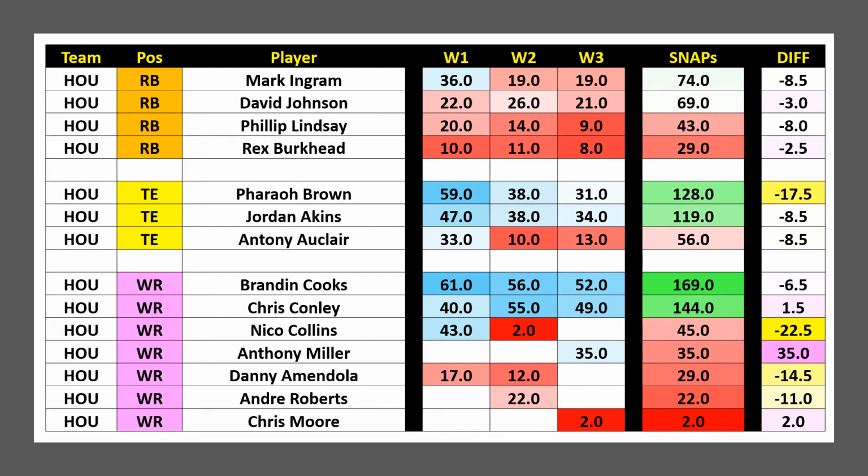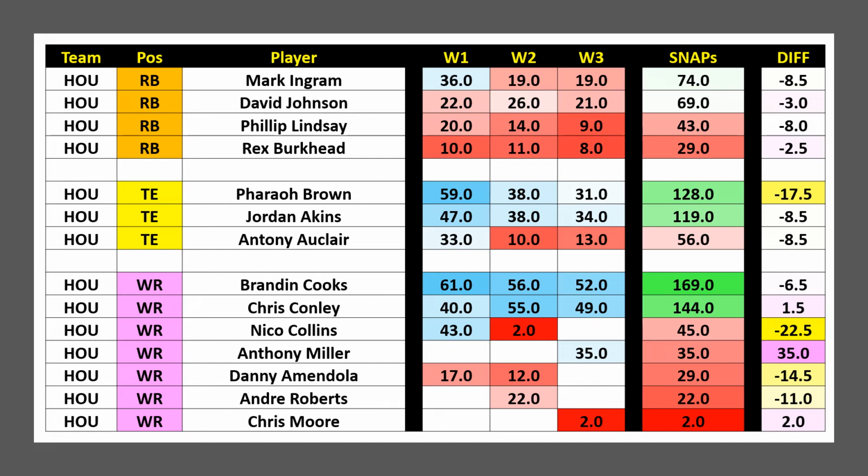Akins and Pharaoh Brown. Cooks, Conley, and Miller. So maybe there's some play with Conley or Miller especially. So Miller should outsnap Conley very soon. Okay, let's see.